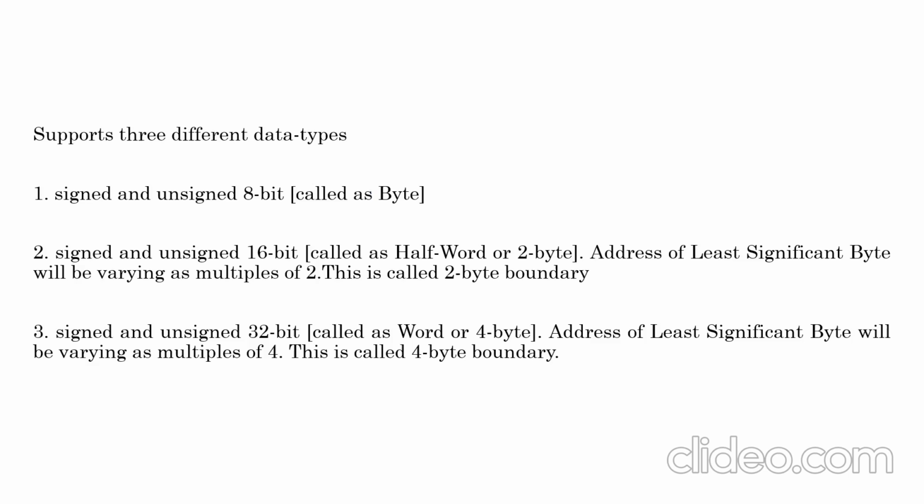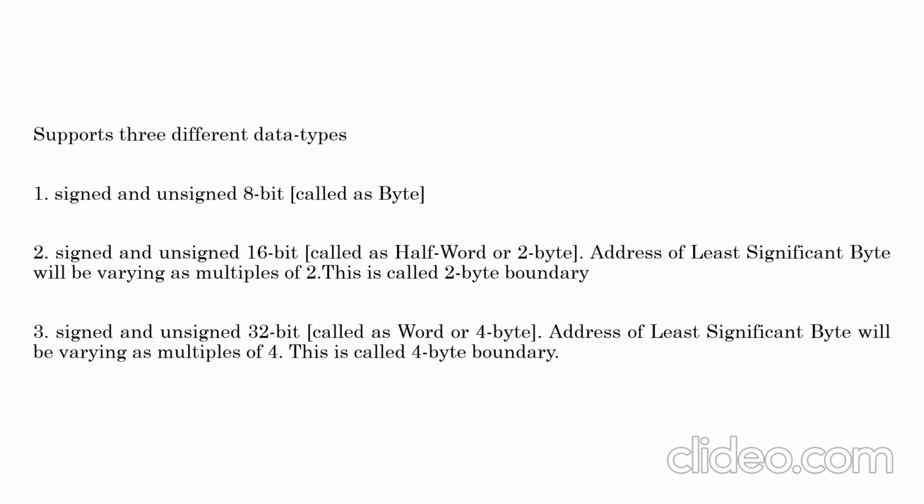In the ARM processor, an 8-bit data is called a byte, a 16-bit data is called a half word, a 32-bit data is called a word. Whenever a data has more than 8 bits, we group the data in terms of bytes.